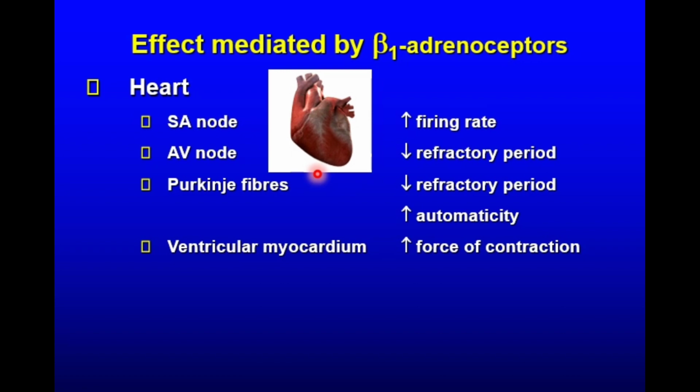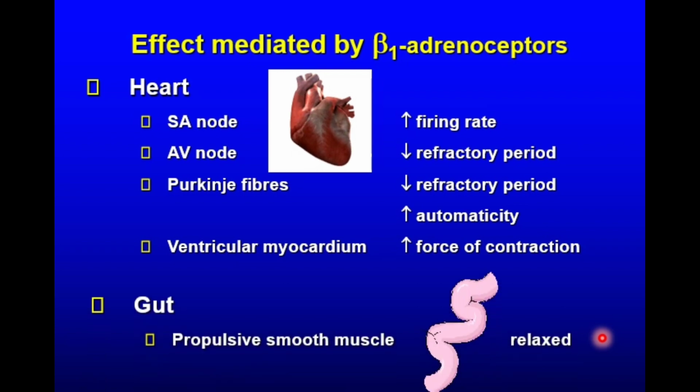Beta-1 adrenoreceptor activation increases the force of contraction. Beta-1 adrenoreceptor is also found on the gastrointestinal tract and causes relaxation of smooth muscle. Remember, on the GI tract, parasympathetic activity is dominant.